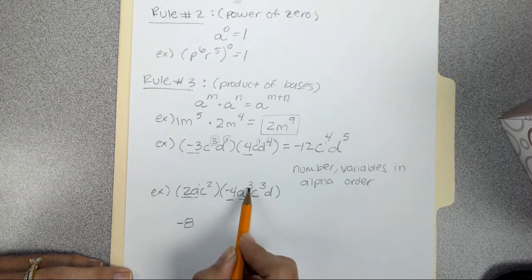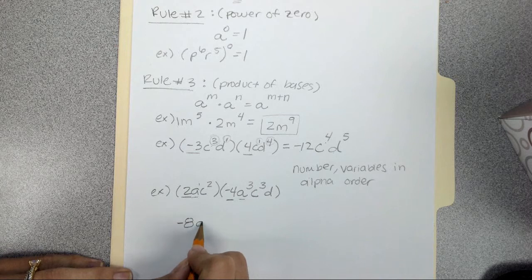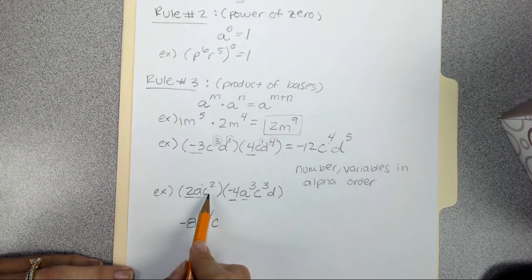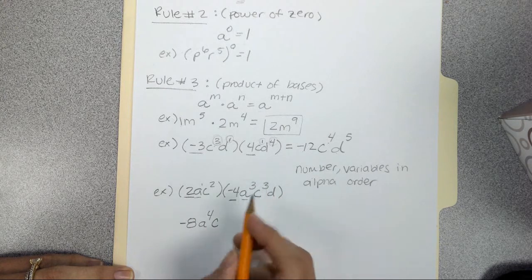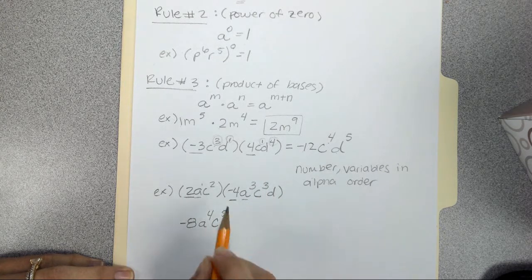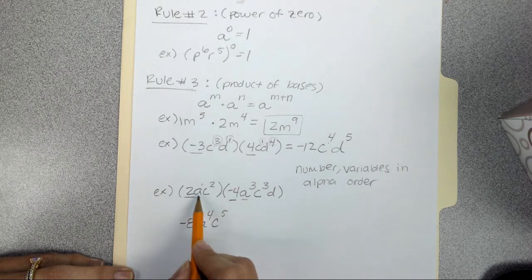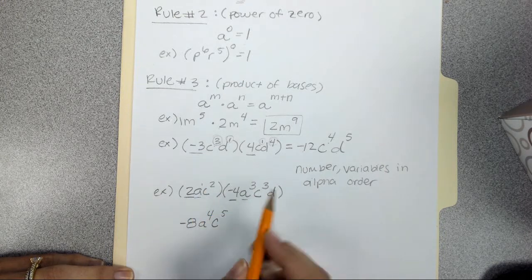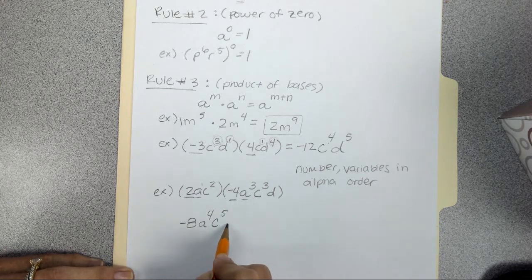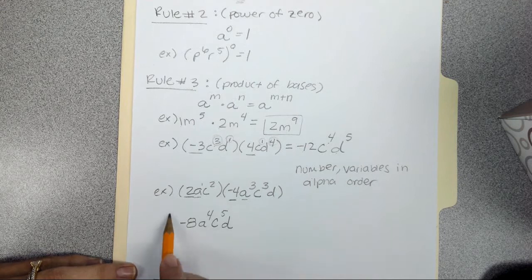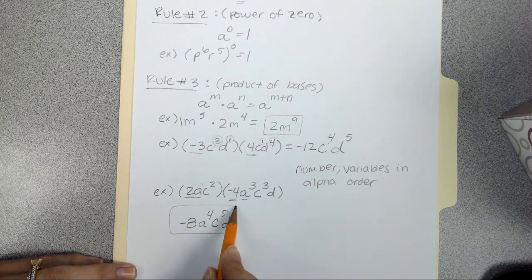Well, I have 1 a plus 3 a's, so that's 4. C's, I have 2 and 3 over here, so that gives me 5. There are no d's in this first term, and there's only one d in the second term, so I will just carry over that one d. So there is your answer for that one.